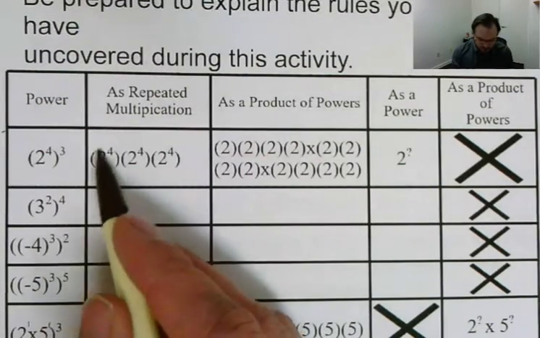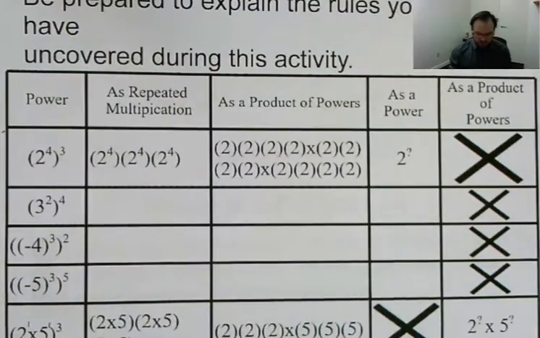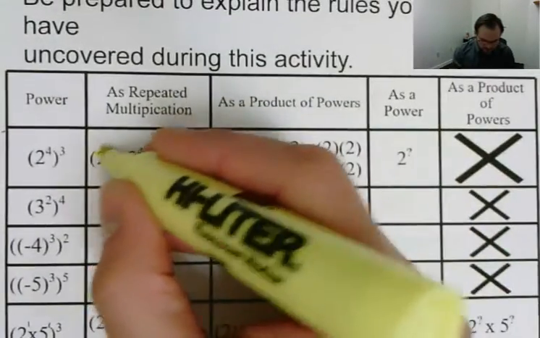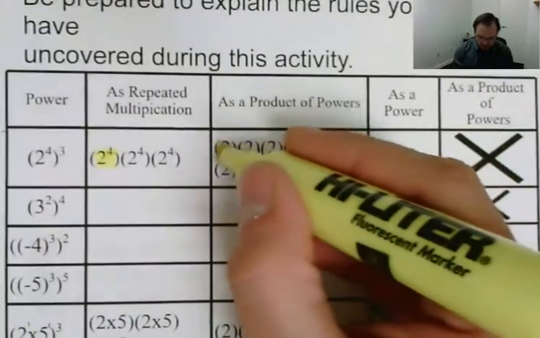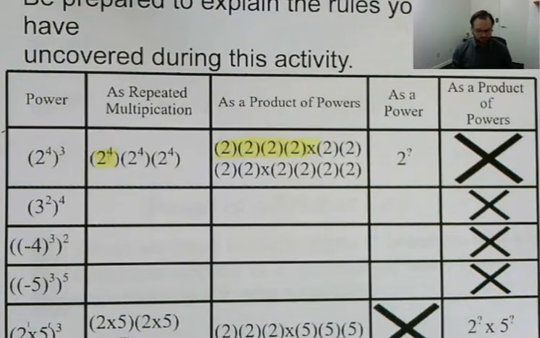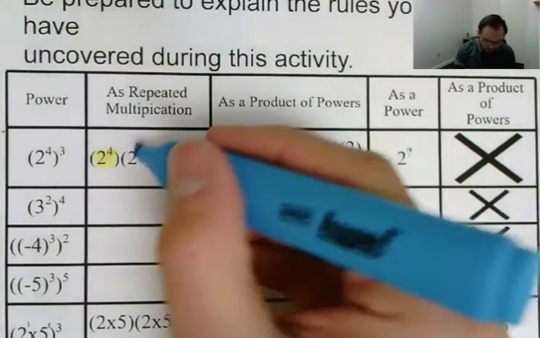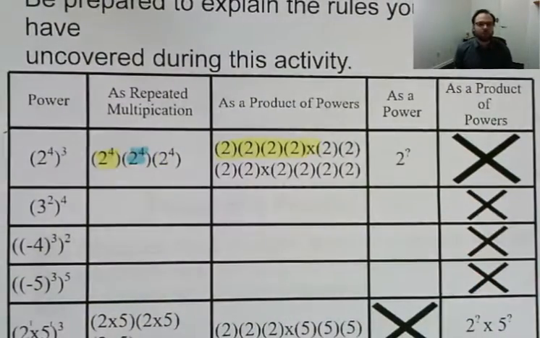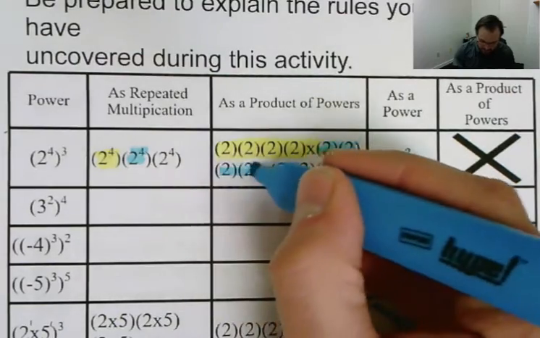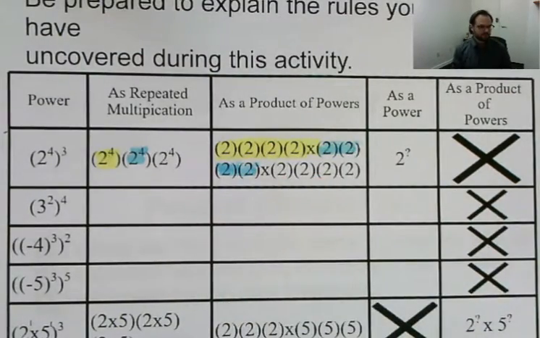Now each of these 2 to the power of 4s means 2 multiplied together 4 times. So that right there is this section here. Okay? Now I look at this 2 to the power of 4: this section of 2's multiplied together 4 times.